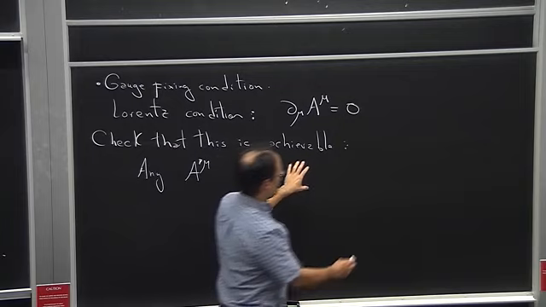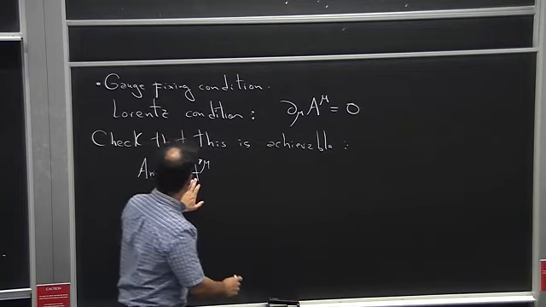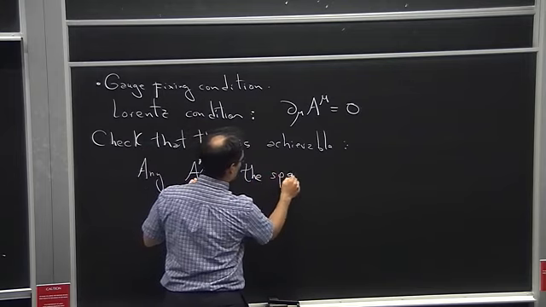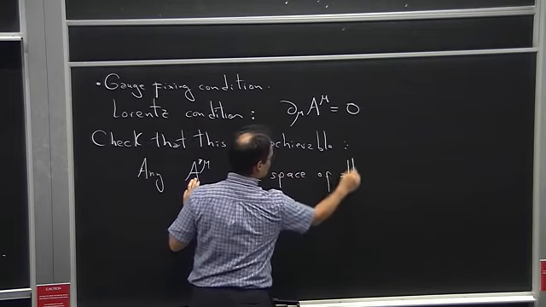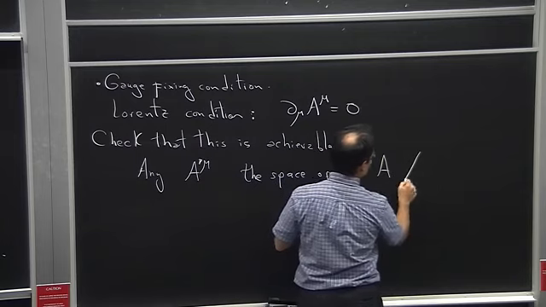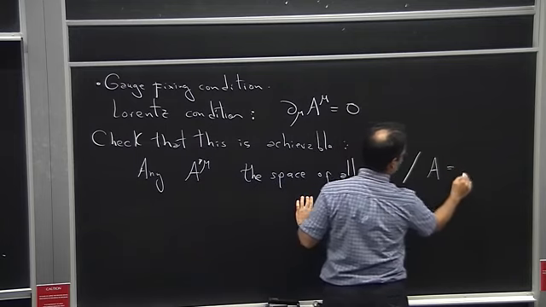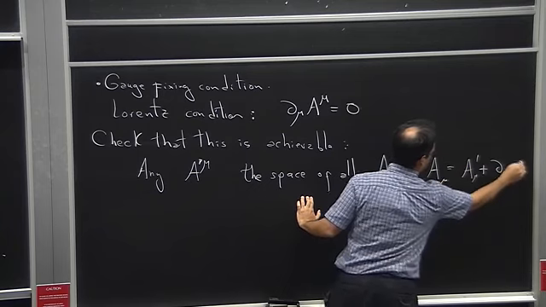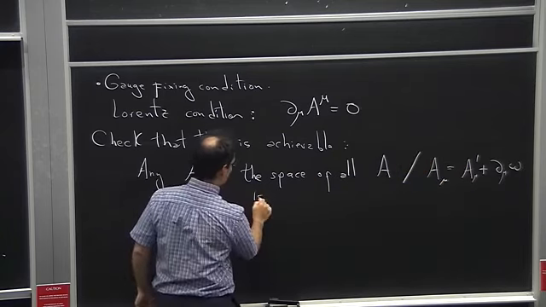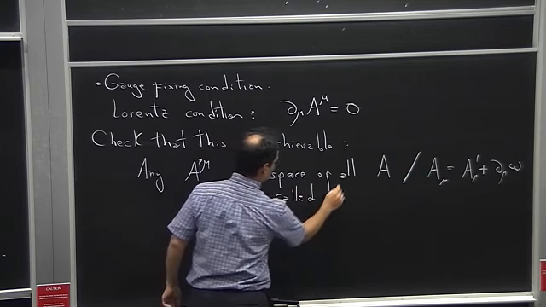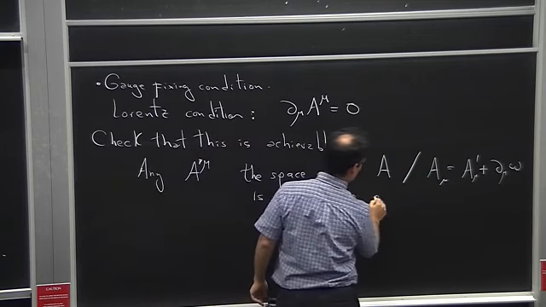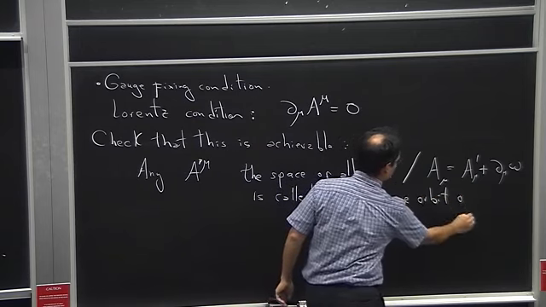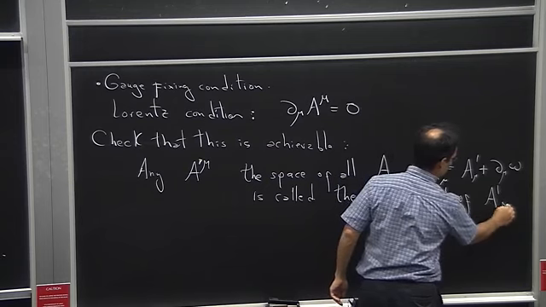So now, for any A, the space of all connections such that A is equal to A prime plus this derivative is called the gauge orbit of A prime.